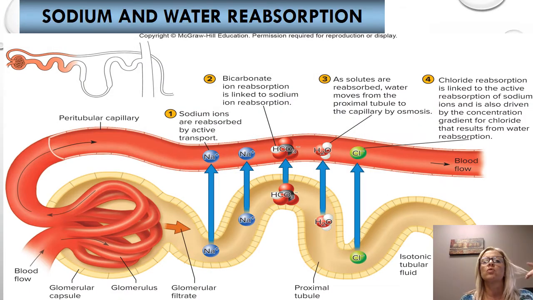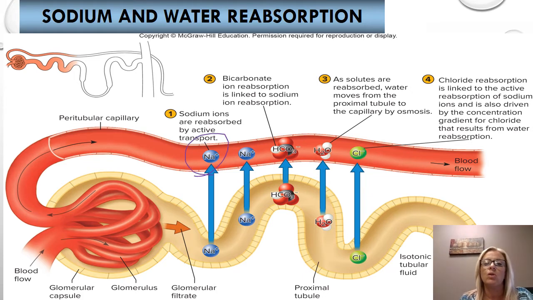So water reabsorption occurs passively via osmosis and is closely associated with the active reabsorption of sodium ions. Remember, if you eat something salty, what do you immediately want? You want water, right? So water follows salt. As ions are reabsorbed in the proximal convoluted tubule here, water is going to follow via osmosis. And so here you can see sodium is going in.